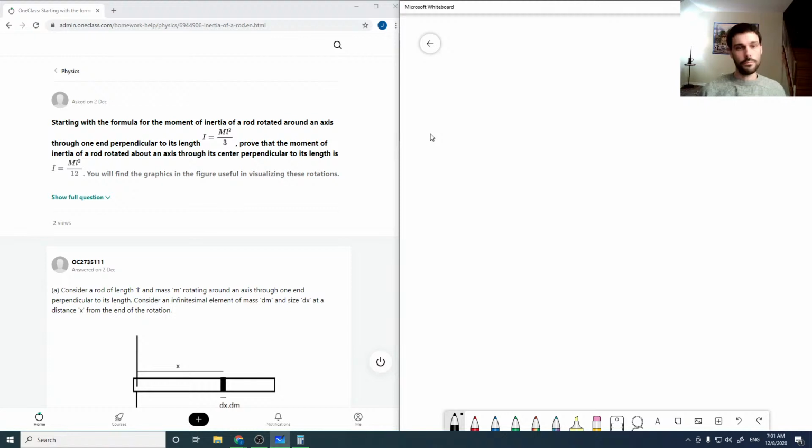So starting with the moment of inertia for a rod rotated around an axis through one end. If we have a rod with some length L, it gives us that the moment of inertia about this axis is ml squared over 3.